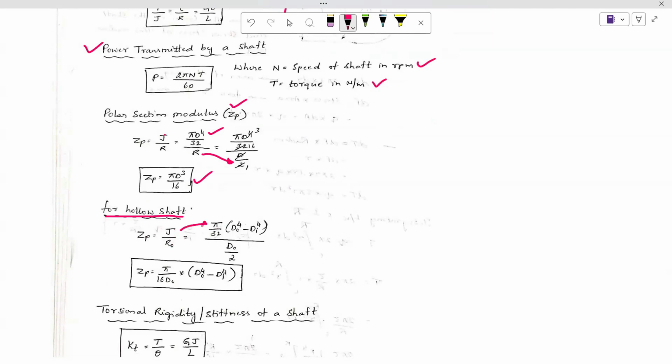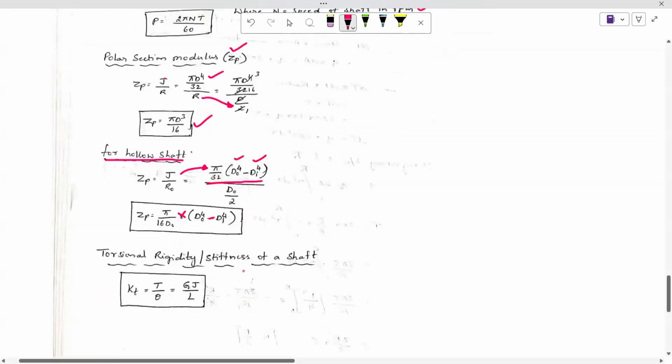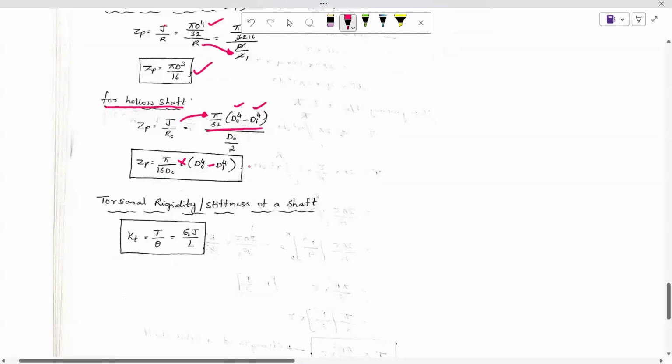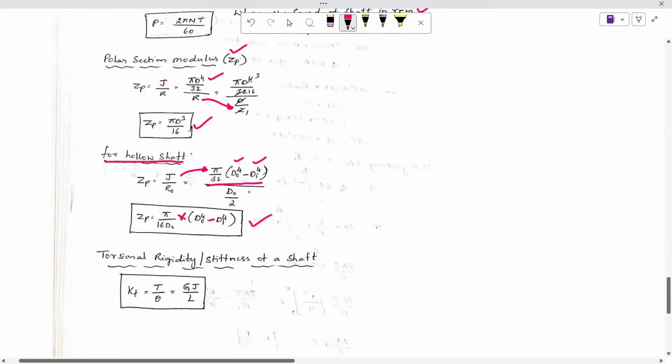So J is pi into d naught to the power of 4 minus di to the power of 4 divided by 32, since in this case you need to consider both outer and inner, divided by d naught divided by 2. So from this, pi divided by 16 into d naught into d naught to the power of 4 minus di to the power of 4. This is the formula for polar section modulus for a hollow shaft.